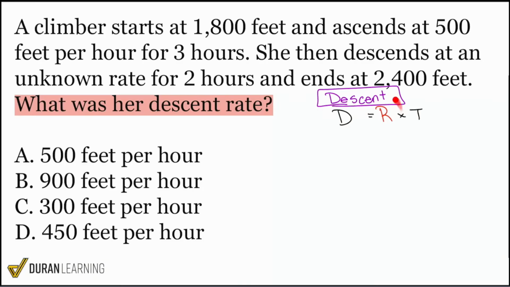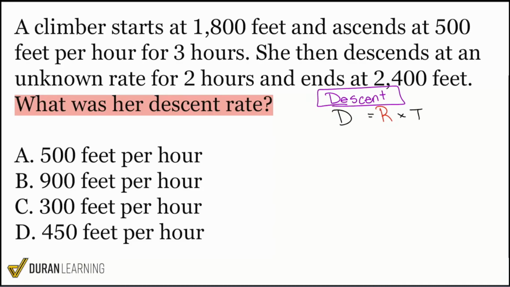If I'm looking for the rate of descent, I need the time that we were descending at and the distance that we descended. One more time, does that make sense? Before I continue with the nuts and bolts of the problem, again, what we want to do is be consistent. We want to find the descent rate, so we'll find the descent distance and the descent time. Does that make sense? If so, then we're good to go.